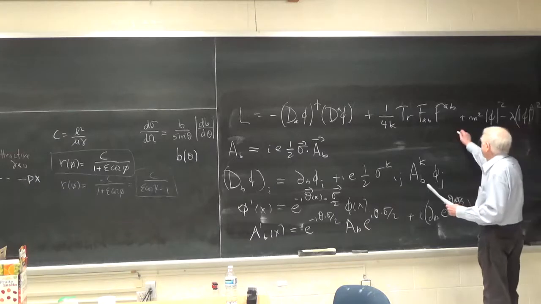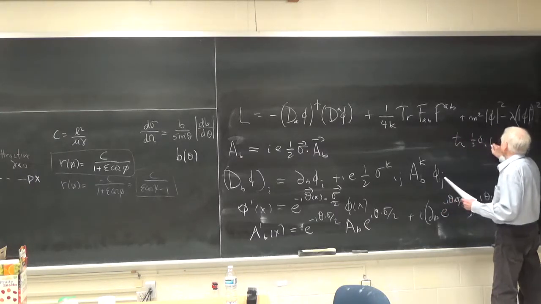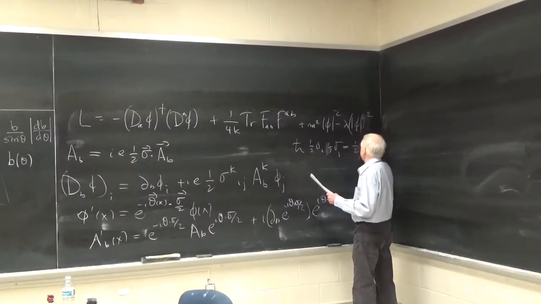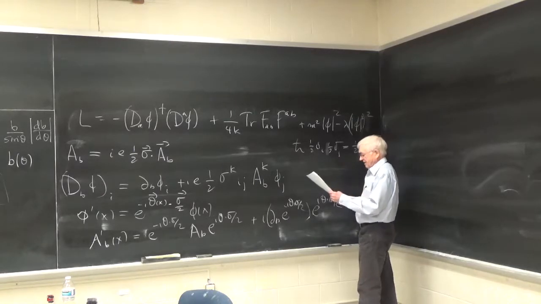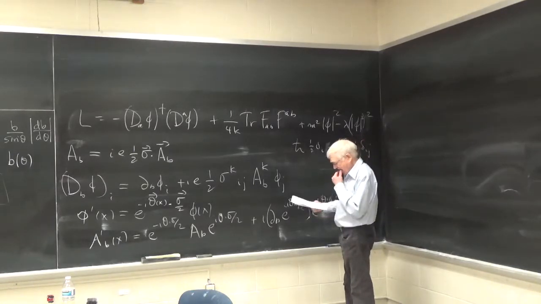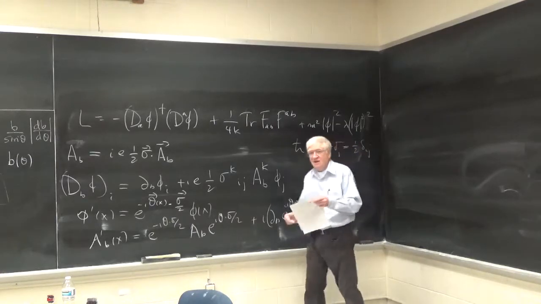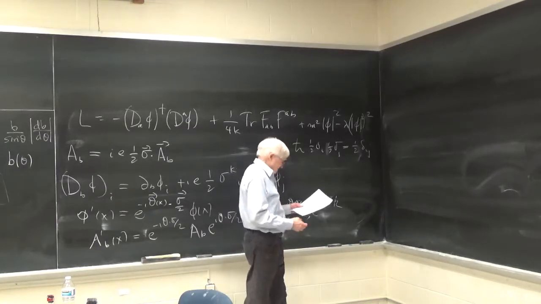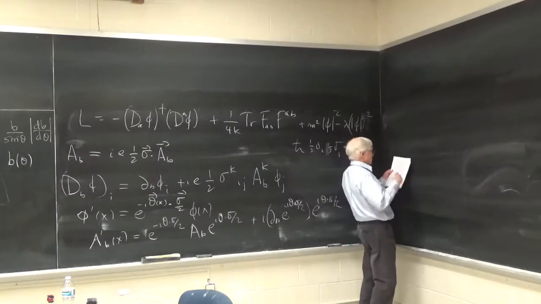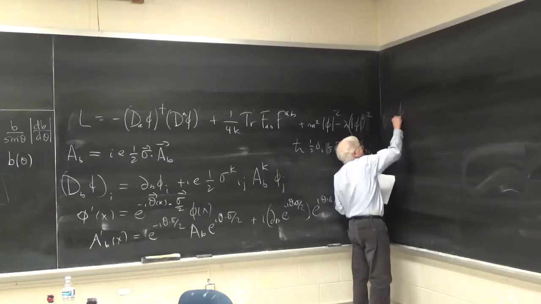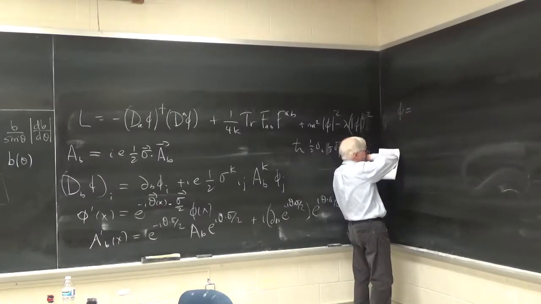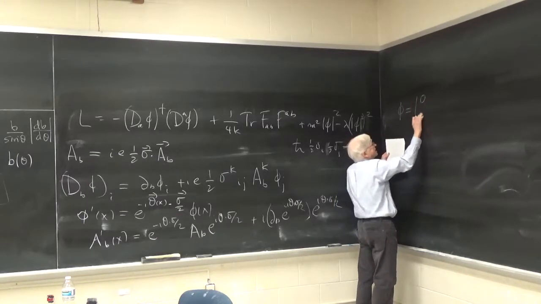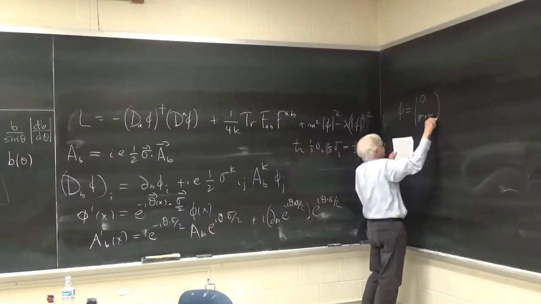And here, of course, the trace of a half sigma_i, a half sigma_j is a half delta_ij. So the physical way to understand this is to go to unitary gauge again. In the unitary gauge we can take phi as (0, b plus sigma).